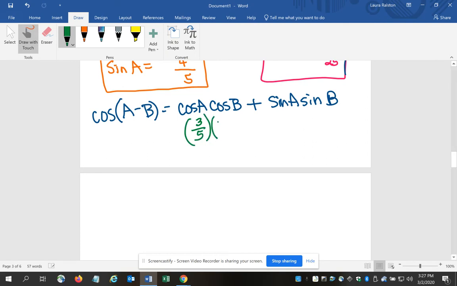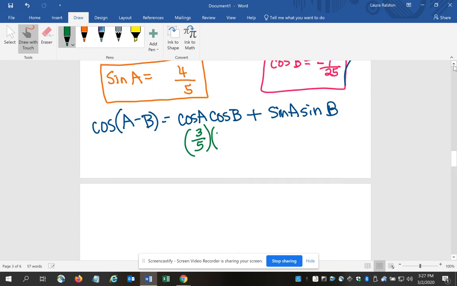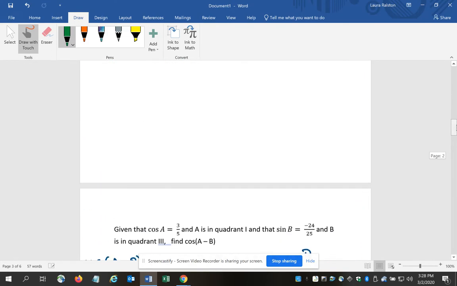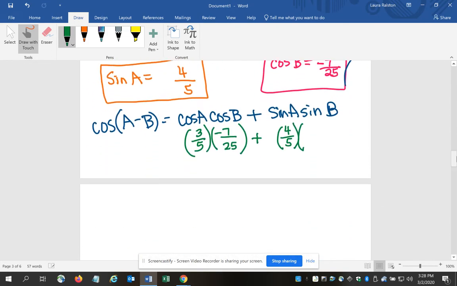Cosine B, we calculated to be negative 7/25. Plus the sine of A we determined to be 4/5 times sine B, and that was given to us. Sine B was negative 24/25.